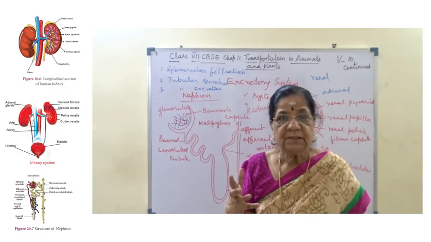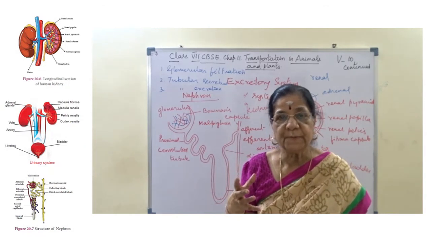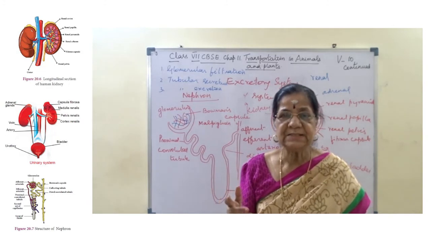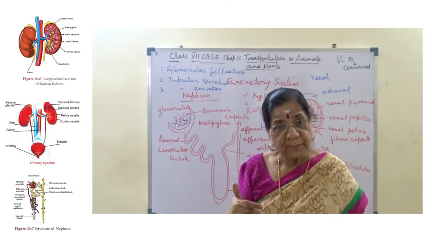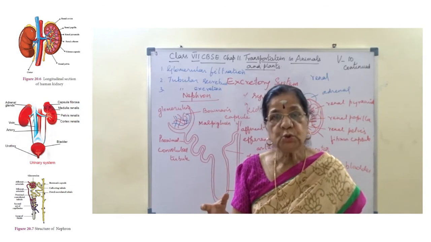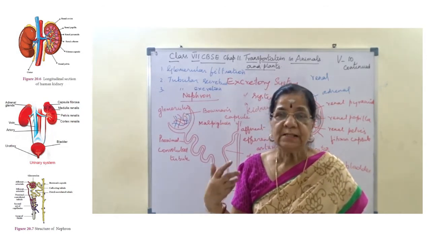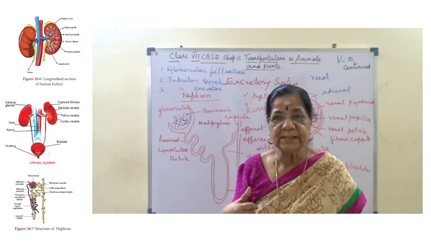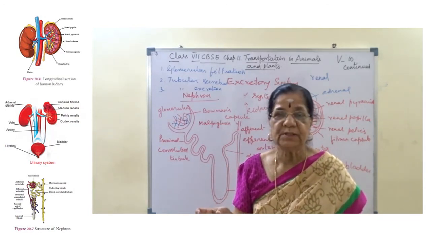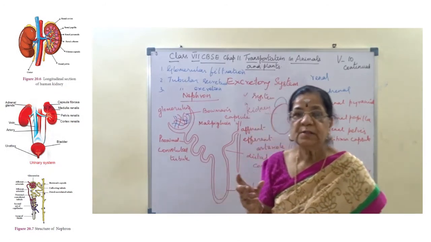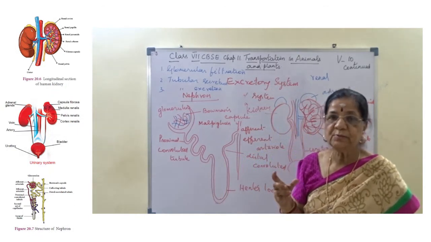As the urine is formed, glucose, amino acids and different ions such as calcium, potassium, mainly sodium, are all reabsorbed by the convoluted tubules. Only the nitrogenous waste, urea and uric acid, is sent out as urine. So that is the mechanism of urine formation.